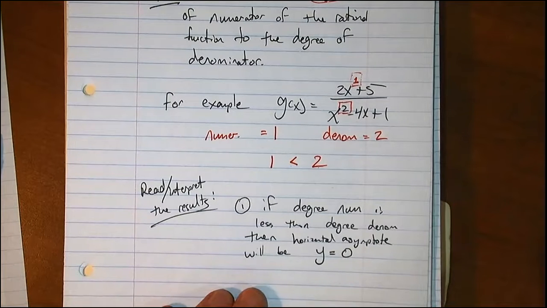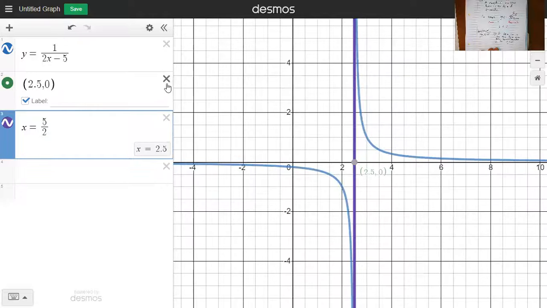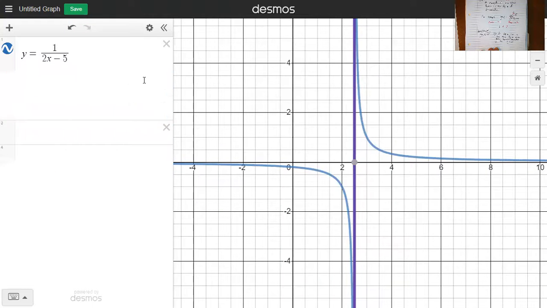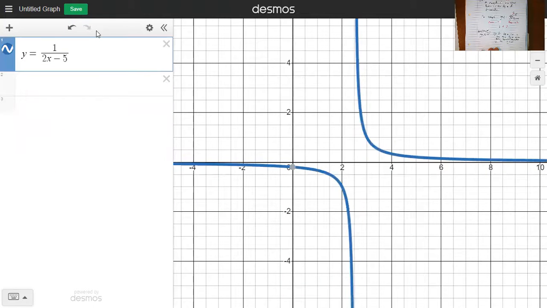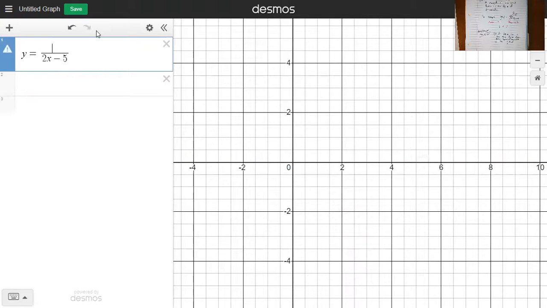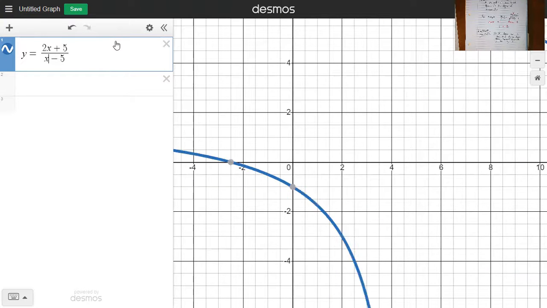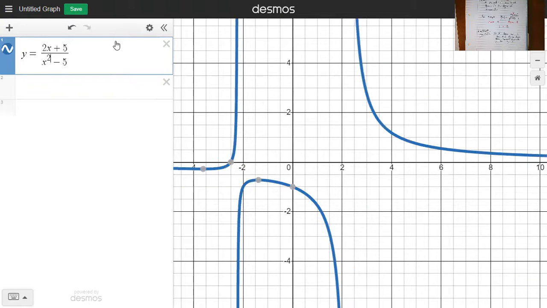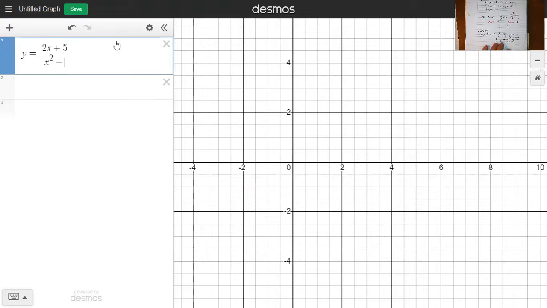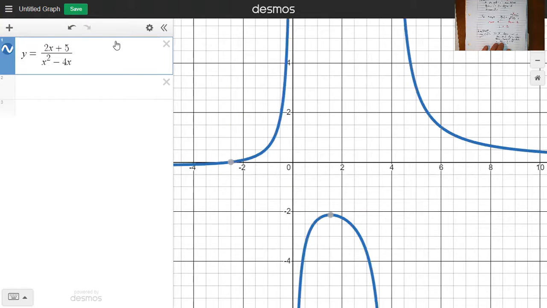We can look at that real fast and verify that. We did not find the vertical asymptotes of this particular function, so don't worry about what they look like right now, but let's verify that there's only one horizontal asymptote, and it appears to be the x-axis.